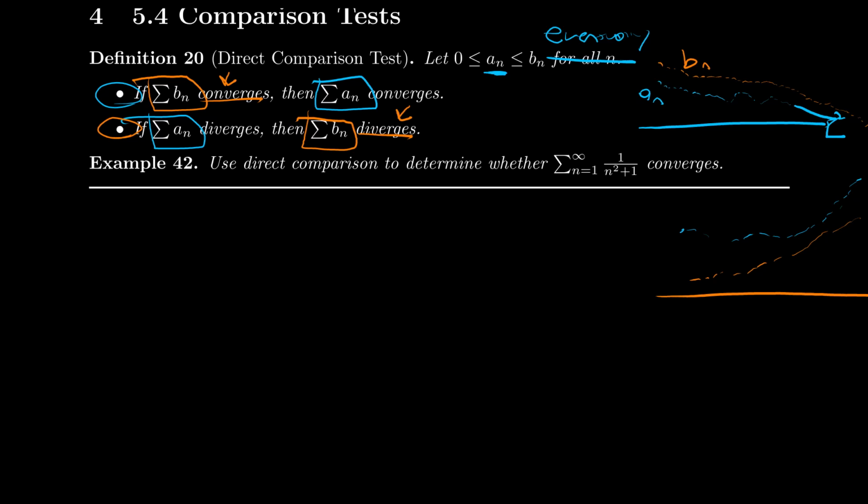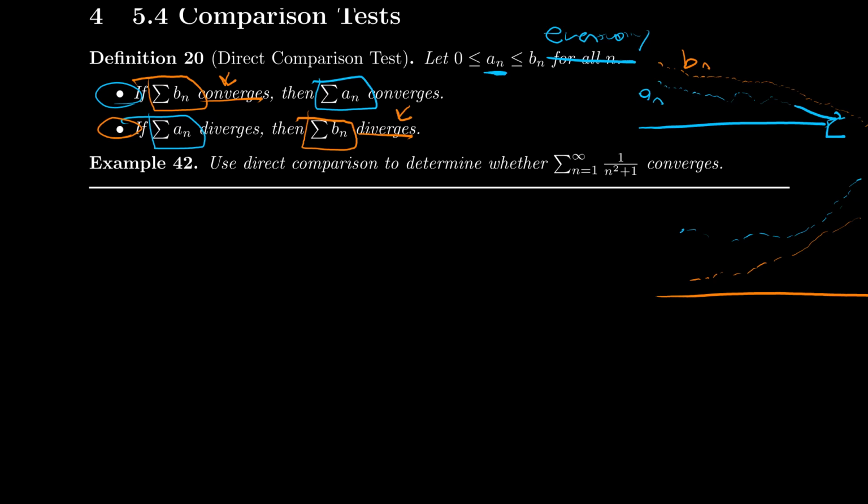So we can use a direct comparison test to talk about, in our life, universe, and everything example, whether or not this is going to converge. So do we think it converges, or do we think it diverges? And this is where knowing what geometric series and p-series look like is going to be really helpful.